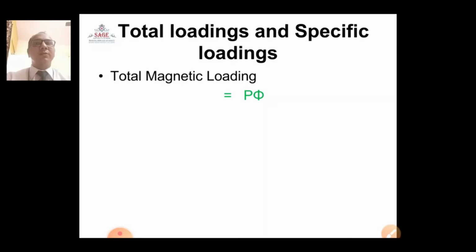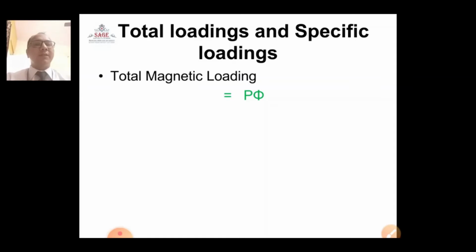If you know the total flux per pole and multiply it by the total number of poles, then we get the total magnetic loading. So what we are interested in is the total flux available in the air gap.